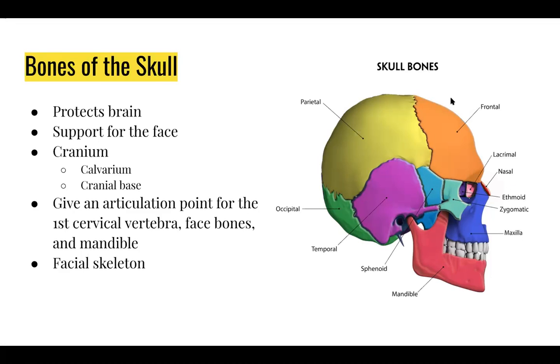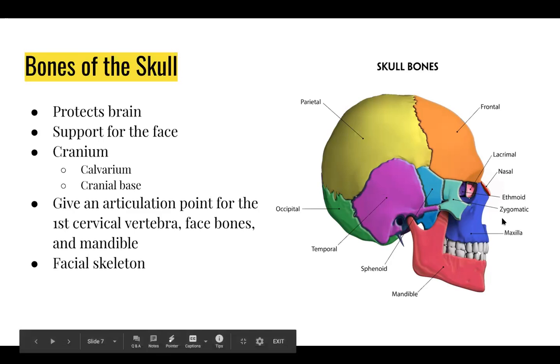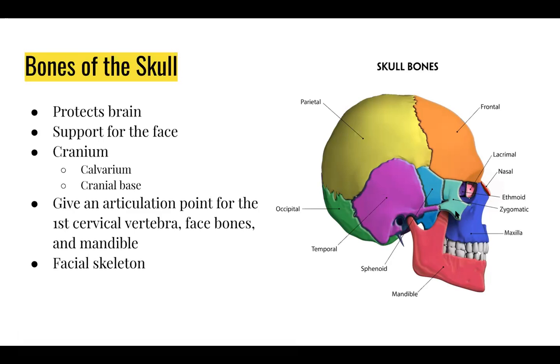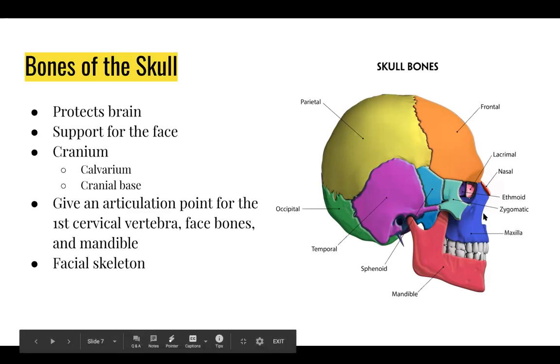Okay. Where I'm showing is the frontal part of your calvarium. Your cranial base is more the bottom portion. That makes sense, since your base is the bottom, and it's what gives support.